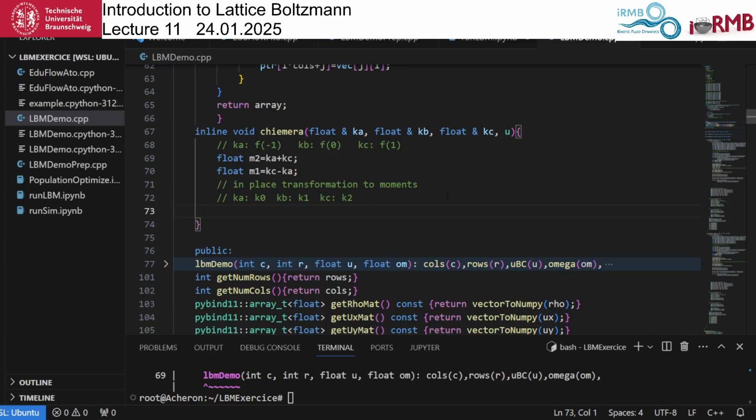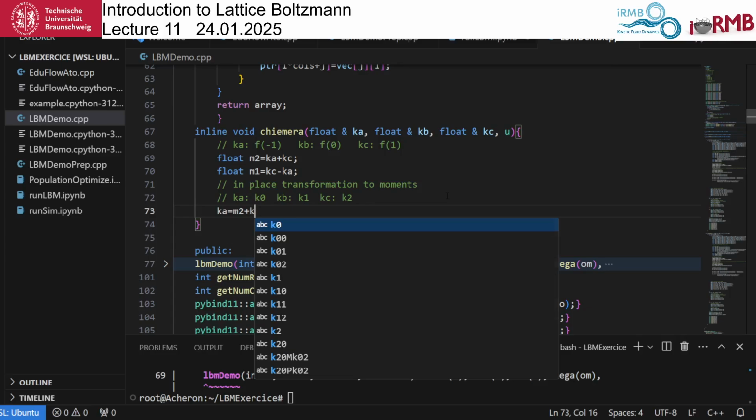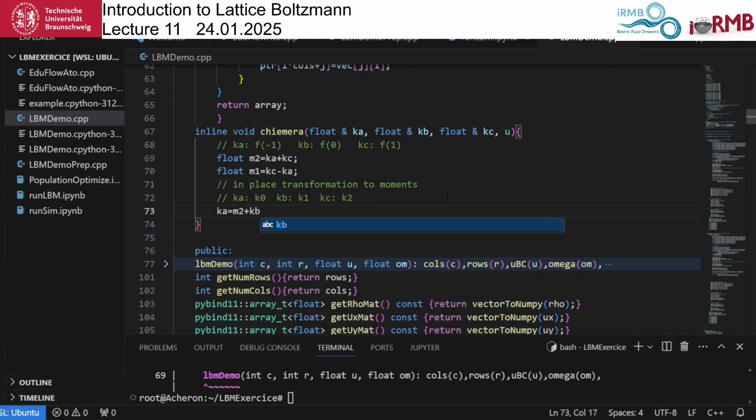So that means we want now that Ka is the zero moment, and the zero moment is this M2 plus Kb, right? Because we are doing operations in place, we have to make sure that we do these operations in the right order.